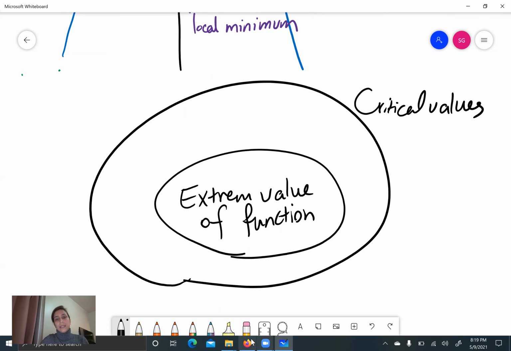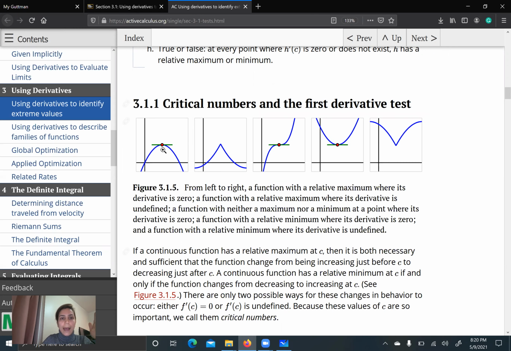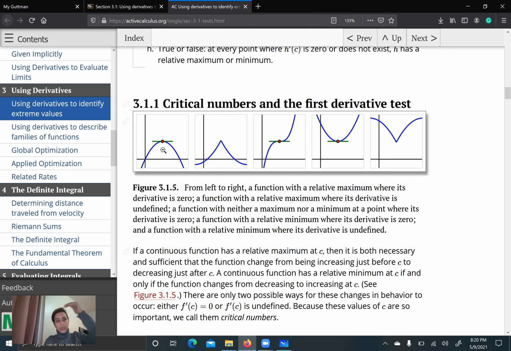So what are the critical values? Look at this picture. We have 1, 2, 3, 4, 5 graphs in this picture. Let's start from the left. On the left, we have this graph, which is concave down, right?